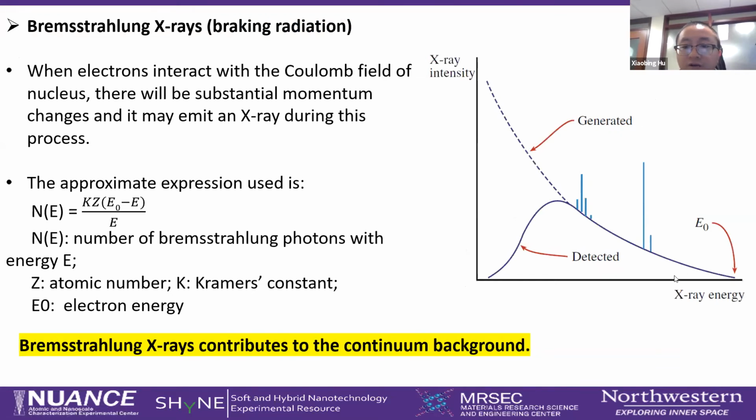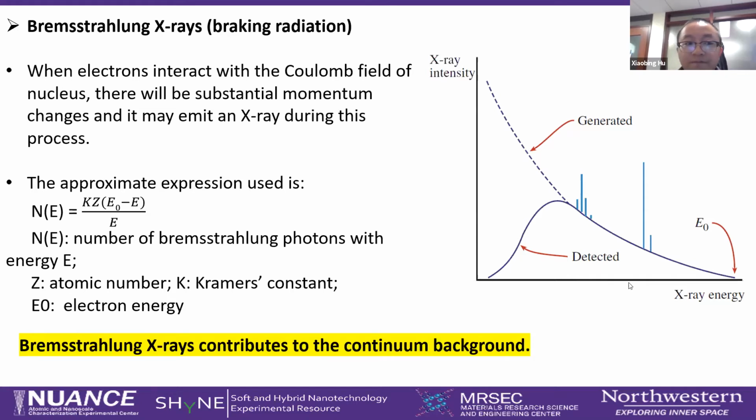Okay, now let's cover another thing. What is the bremsstrahlung X-ray? I don't know how to pronounce it. Maybe you can say continuum X-ray. This X-ray is the background. Sometimes when you see your EDS spectrum, you will find the signal is very noisy.